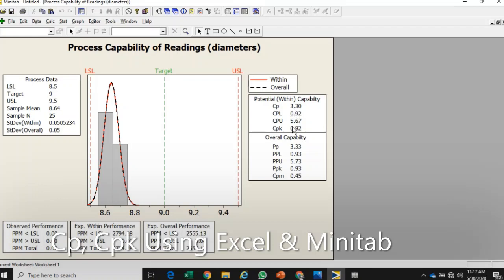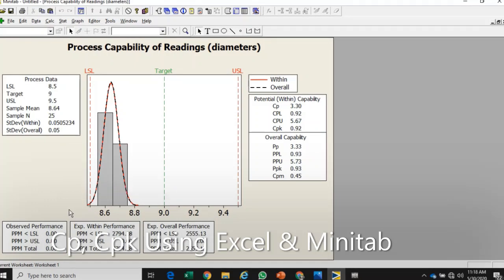CPK is 0.92. This clearly shows that there is still an opportunity for improvement, because it's only one sided. That means there are high chances that if a value falls at 8.5 or lower than the lower limit, it can have rejections.